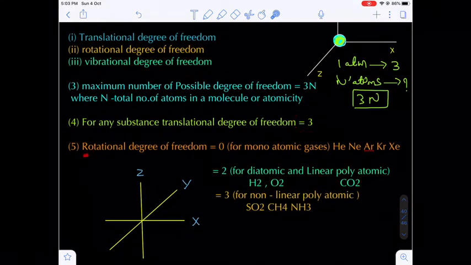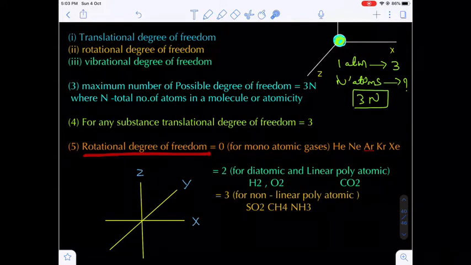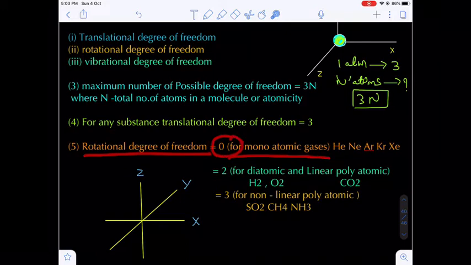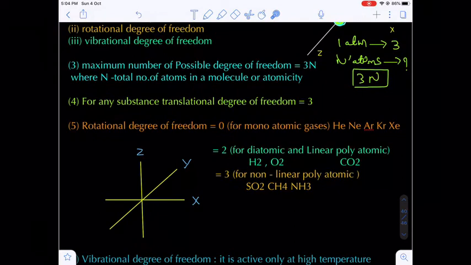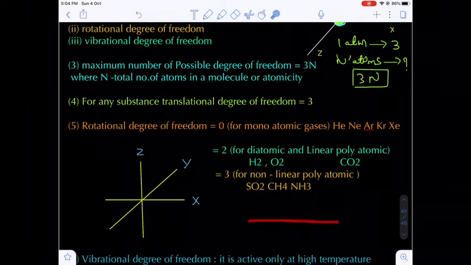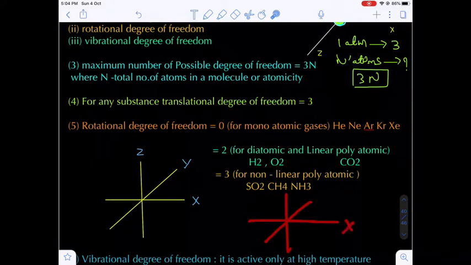Now come to rotational degree of freedom. How many rotational degrees of freedom will be available for monoatomic, diatomic and triatomic? Remember, for monoatomic gases there will be 0 rotational degrees of freedom. Here I am considering the x-axis, y-axis and z-axis. These are the 3 axes.